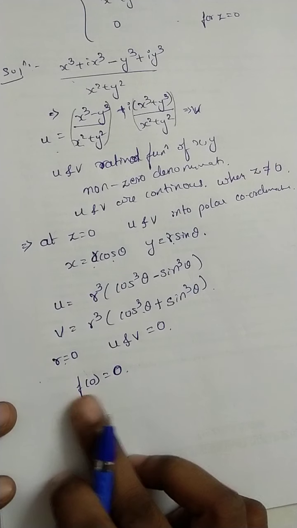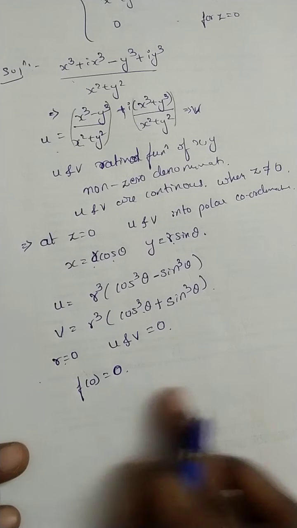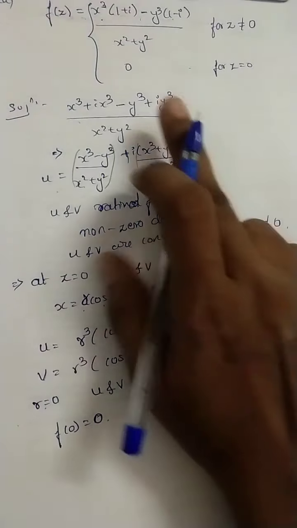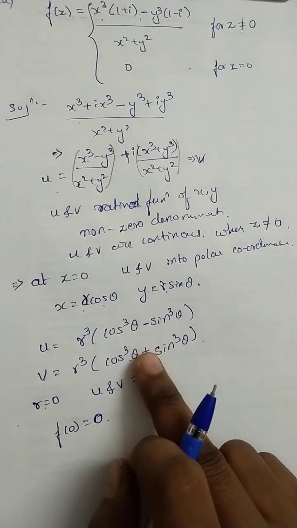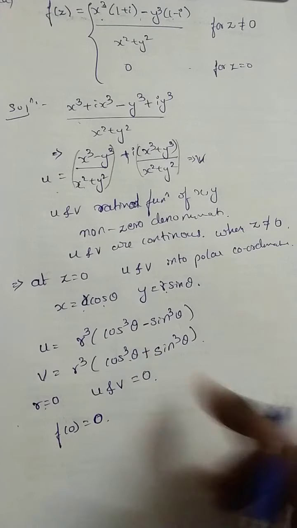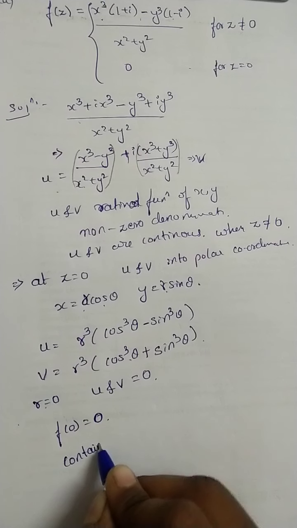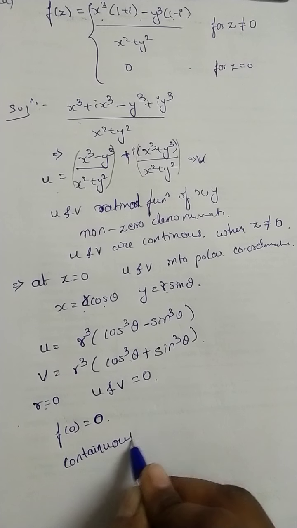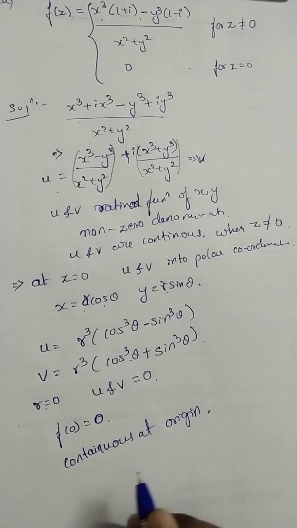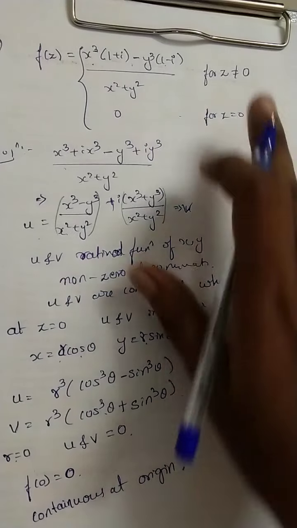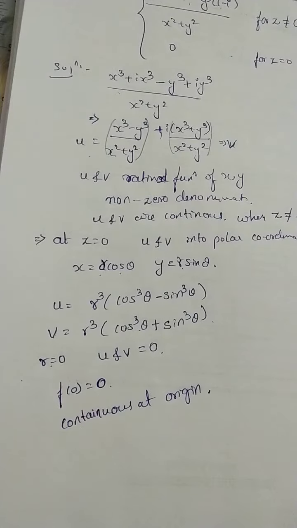So we can say that f of 0 is equal to 0, since the limit values of u and v are the same at the origin. So the given function is continuous at the origin, and f of z is continuous for all z values. So that is the solution.